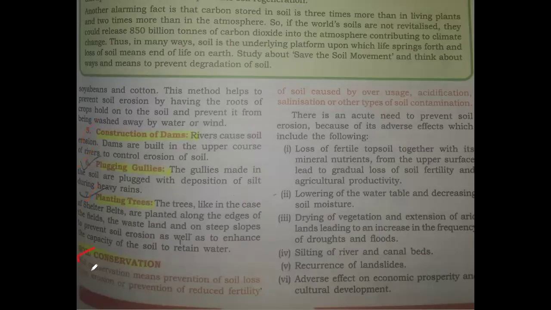Then we have soil conservation. Soil conservation means the prevention of soil loss from erosion, or prevention of reduced fertility of soil caused by overusage, acidification, salinization, or other types of soil contamination.